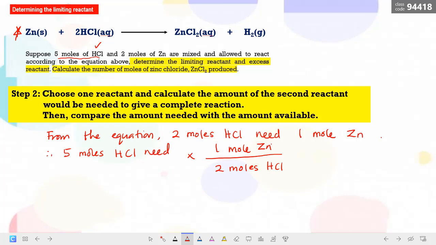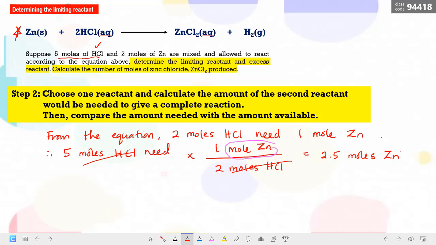Alright? So you can see here, we will solve these problems. Moles of HCl cancel out. So 5 moles divided by 2 moles. So remaining here adalah mole of zinc. So we will determine moles of zinc from the calculation. So I need 2.5 moles zinc.